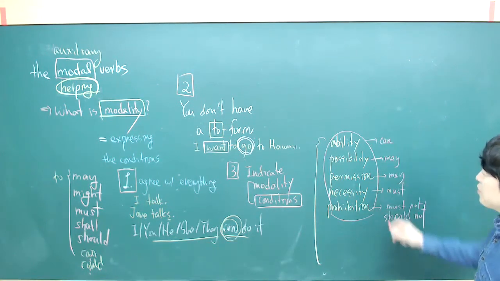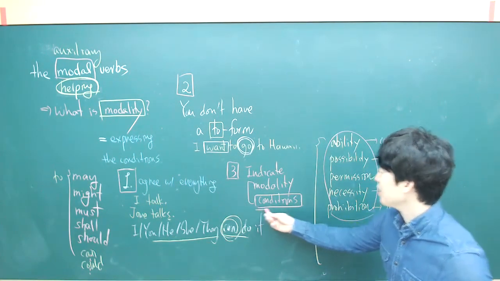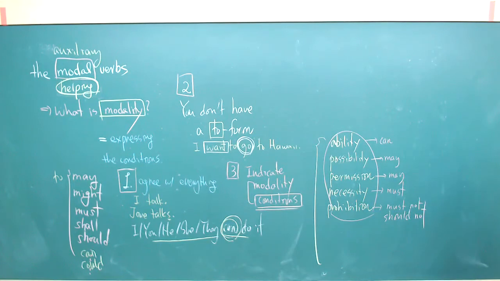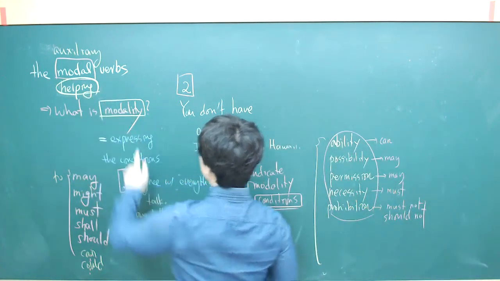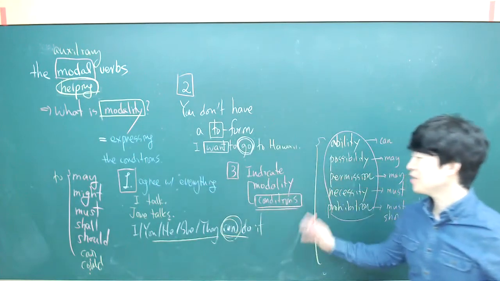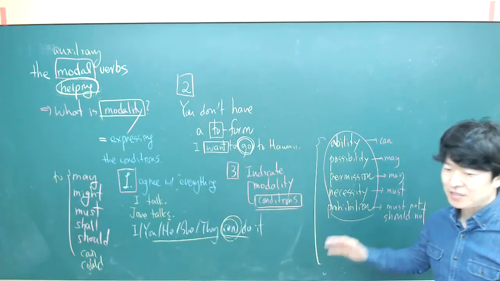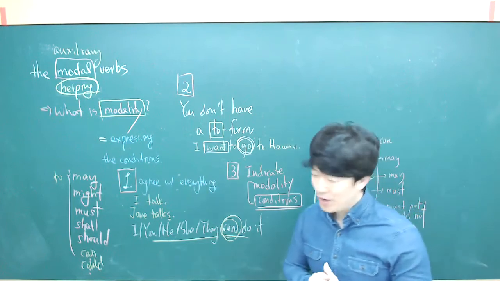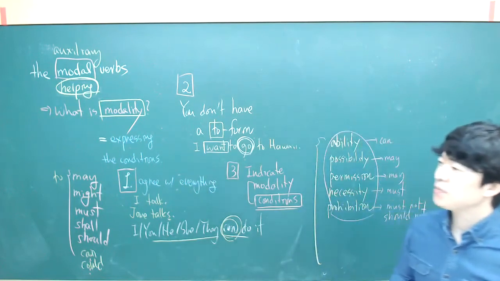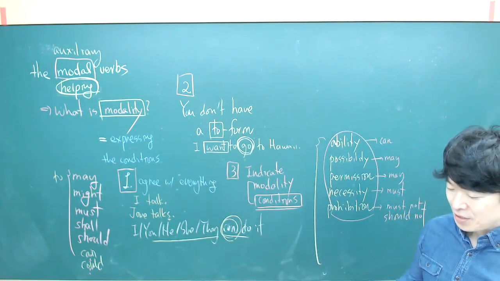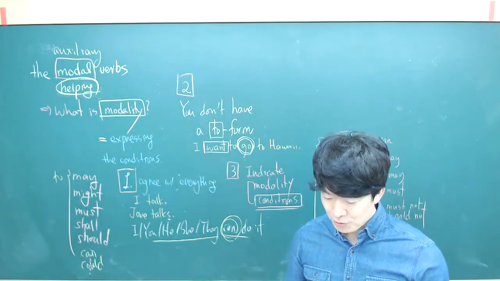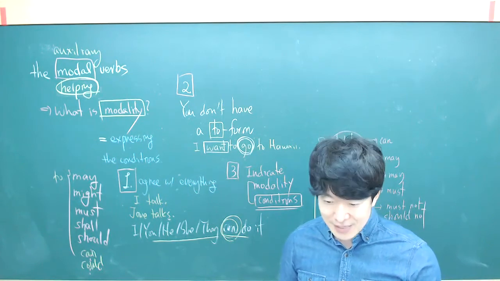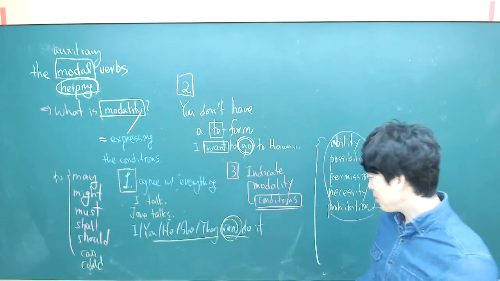These modal verbs can indicate conditions. So these modal verbs can help main verb to add these meanings. That's modal verbs. Okay? This is the basic concept of the modal verbs, and we can practice. How can we use modal verbs in a sentence in very great detail?